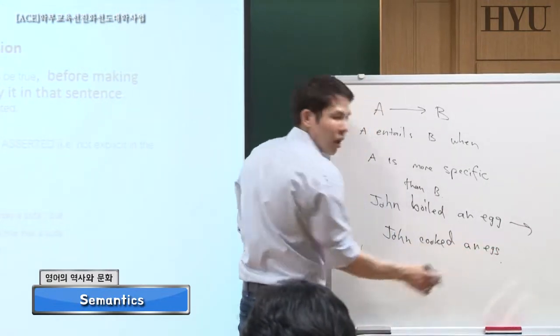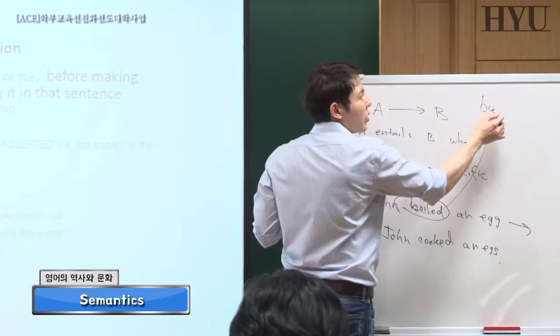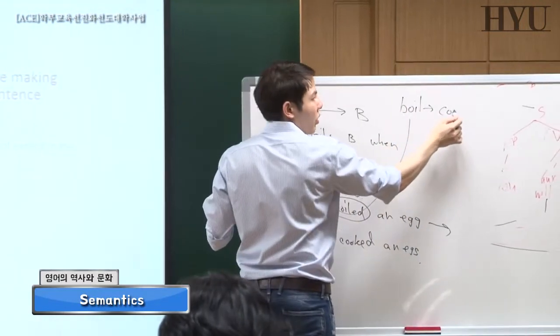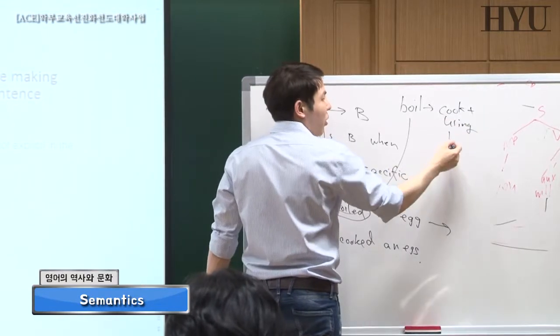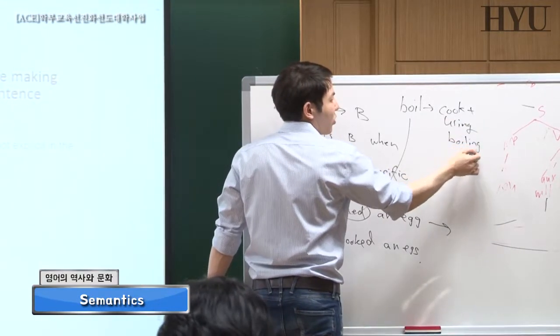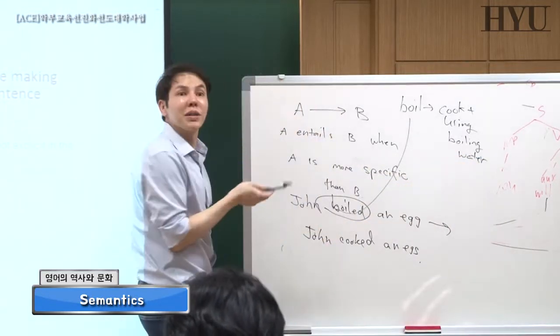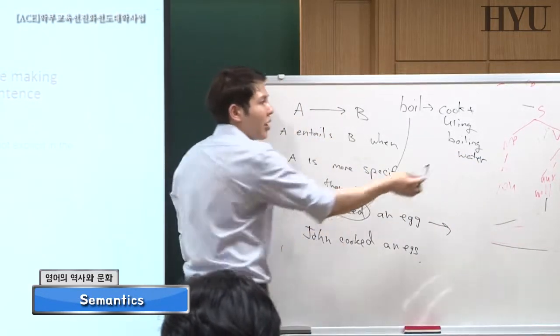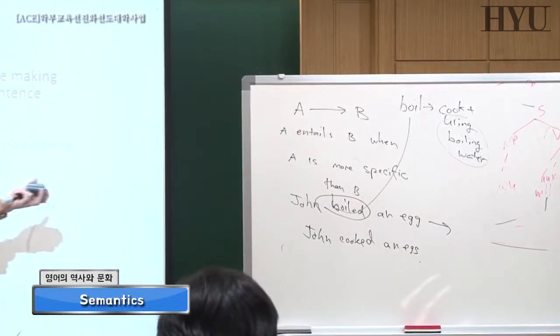That's because the meaning of boil here is cook plus using boiling water, cook using water. So the meaning of boil is more specific than just cook, because it's cook plus the boiling method.